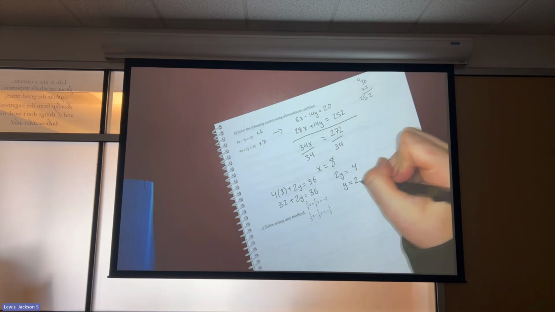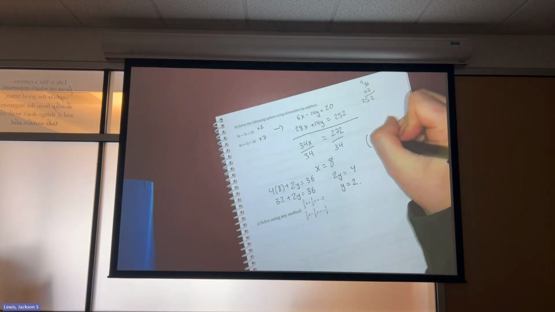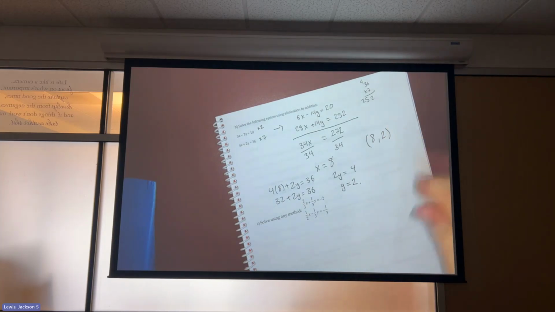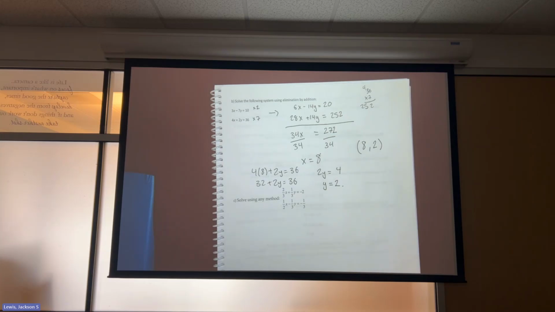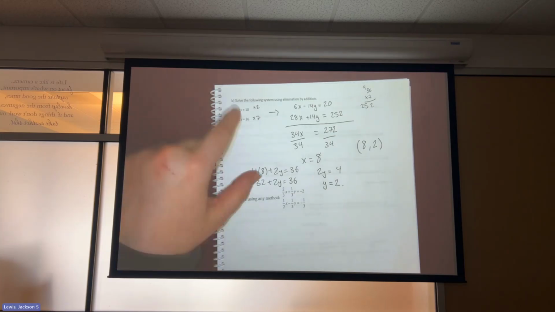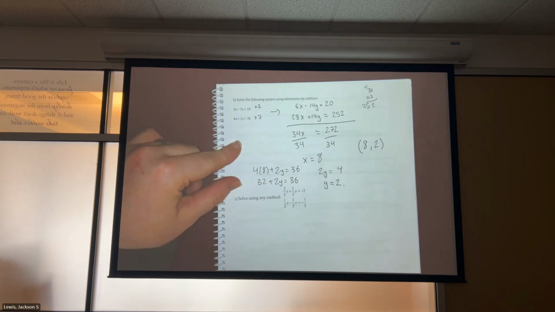So y equals 2. My solution pair is 8, 2. I went kind of quickly through that algebra, but it's just basic arithmetic. Just plugging in values, subtracting, and so on. Any questions about this?